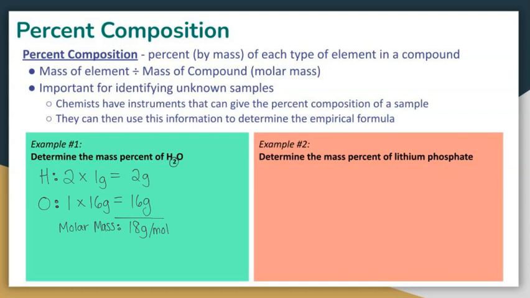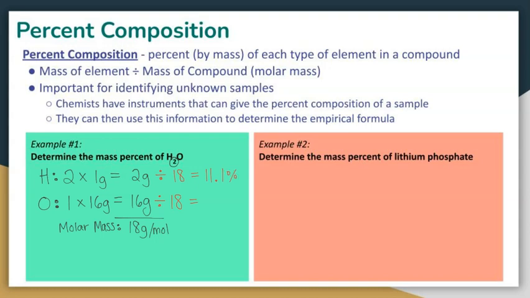But we actually want to have the mass percent of each of these compounds, and so instead of just leaving the molar mass alone, I'm going to take 2 grams of hydrogen and divide it by the 18 grams per mole, and do the same thing with 16 grams divided by the 18 grams per mole. And so when I do this, I will end up with the mass percents of water. So 2 divided by 18 gives me 11.1% hydrogen.